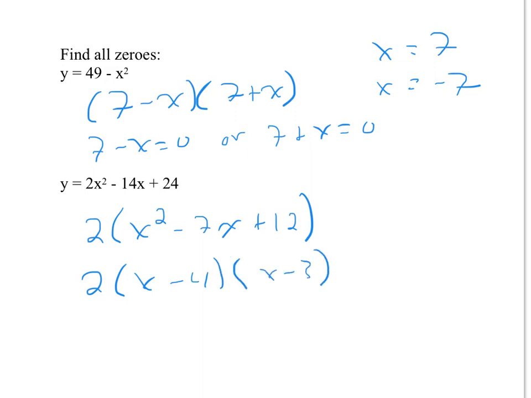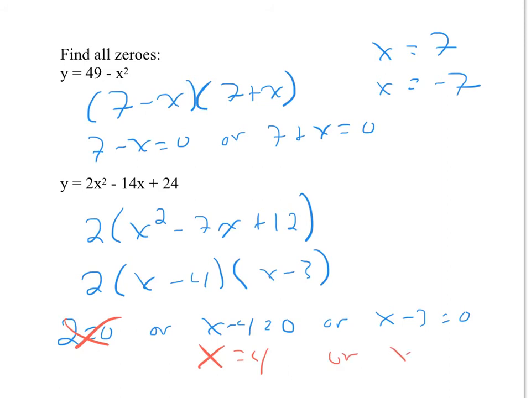Once I've done that, set each of these factors to 0. So 2 equals 0, or x minus 4 is equal to 0, or x minus 3 is equal to 0. Well, guess what? Hello, 2 does not equal 0. x equals 4, or x equals 3.